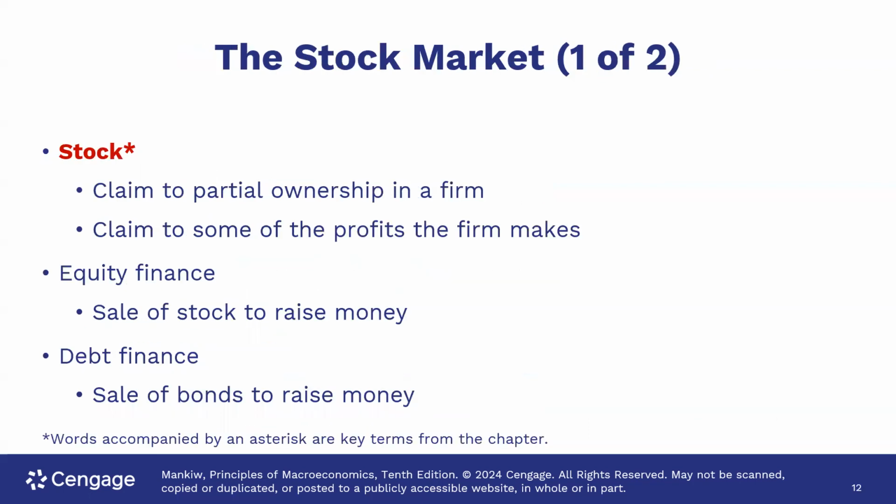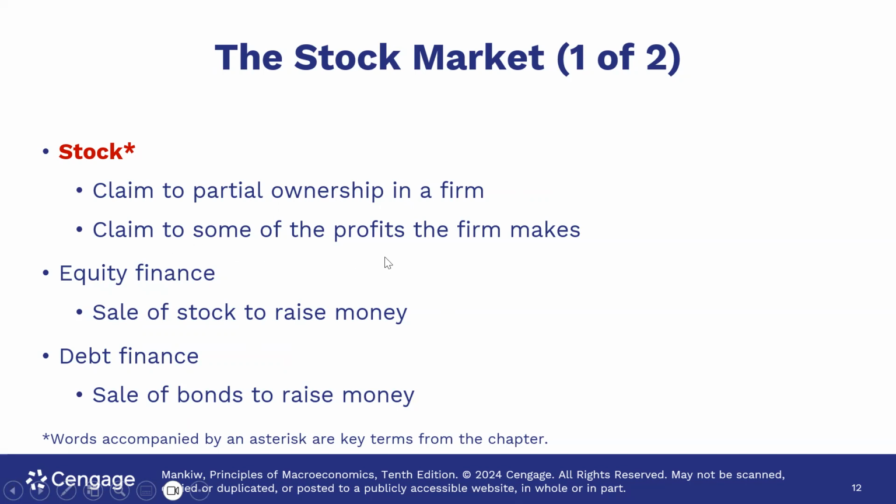Now we come to the second type of financial instrument, which is a stock. The stock is totally different from the bond. The stock is not an IOU. It is a share of ownership. The stock is a claim to partial ownership in a firm.